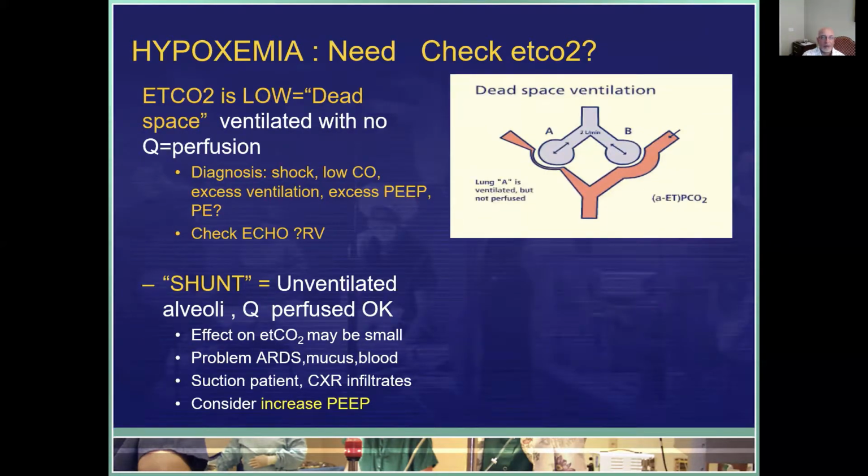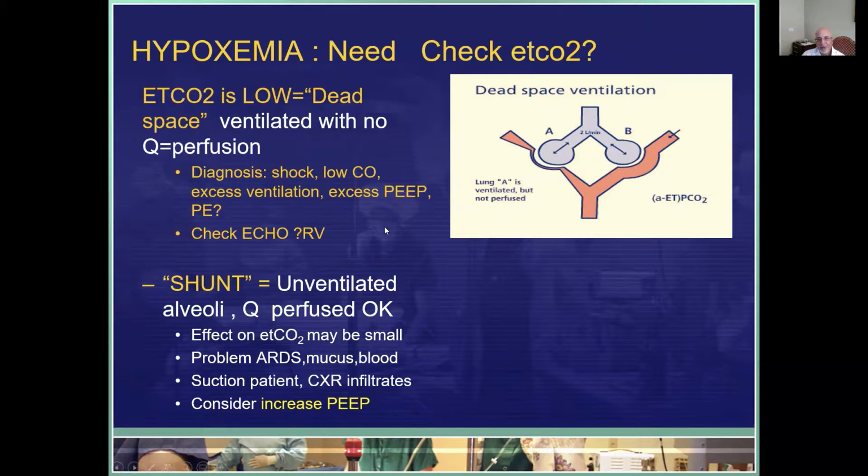So let's look at the end-tidal CO2. If the end-tidal CO2 is low, often you're dealing with dead space, which means that the patient is either excessively ventilated or has inadequate perfusion from shock or low cardiac output.